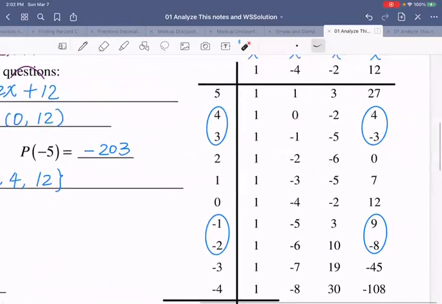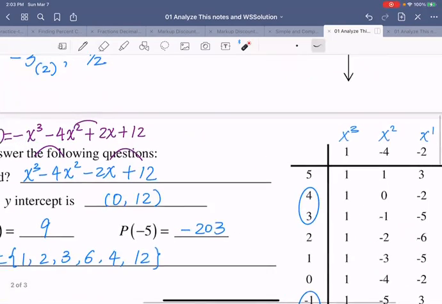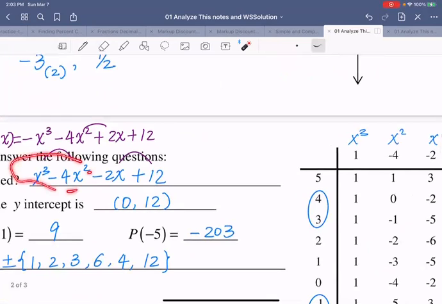How do you check your y-intercept? Look at this. Is this the polynomial you told me just now? The y-intercept is when you plug in x to be 0. So (0, 12) is your y-intercept, right?